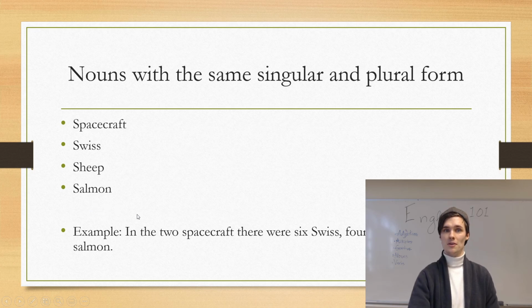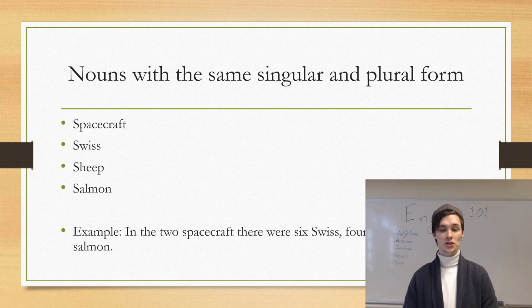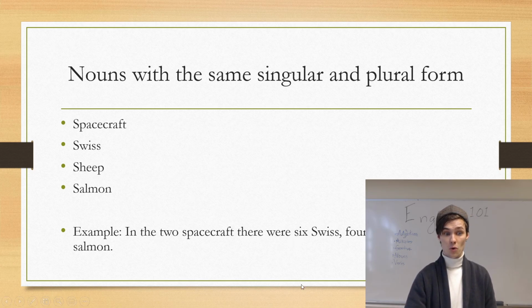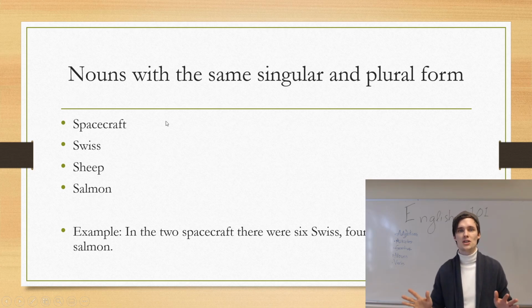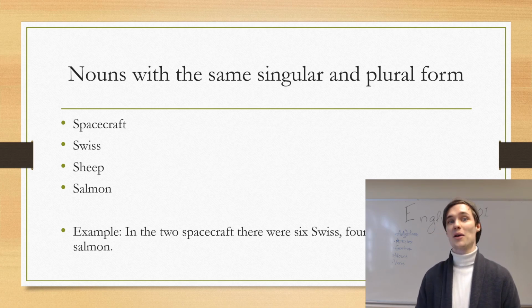Salmon, salmon. So here's an example sentence. In the 2 spacecraft, there were 6 Swiss, 4 sheep, and 7 salmon. And that is all in plural form. And here, they're all written in the singular form. They do not change at all. So, yeah, it can work that way as well.